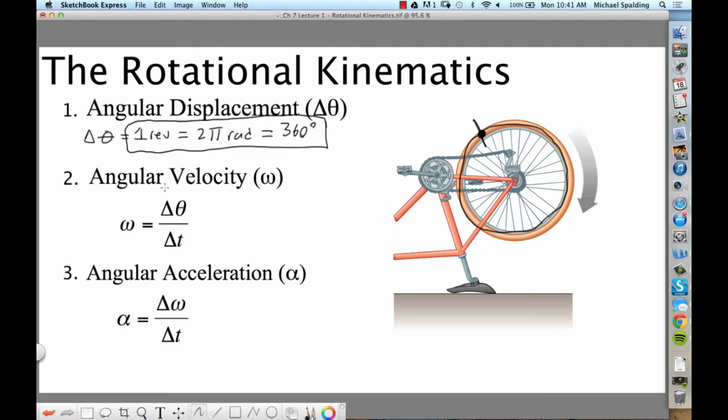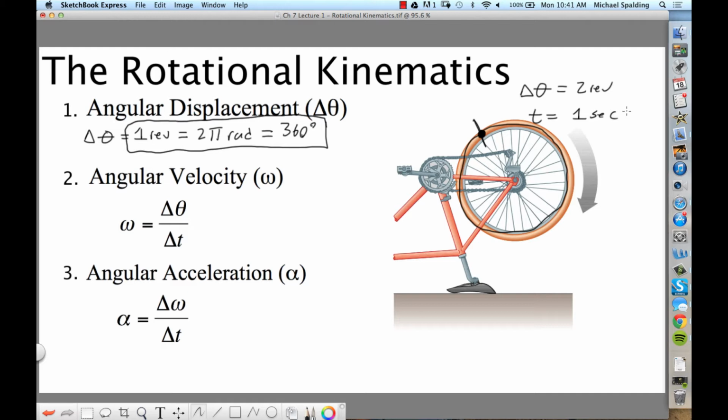Now, angular velocity. Say, for example, that this bicycle wheel makes an angular displacement of, let's just say, 2 revolutions, and it does so in a time of 1 second. Could we talk about the motion, the velocity of this bicycle wheel in an angular way?